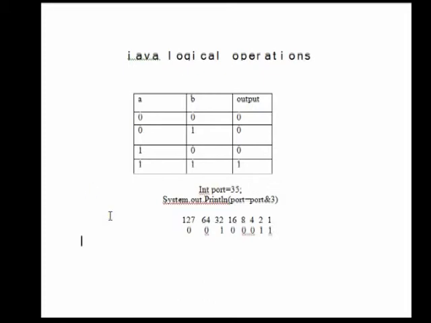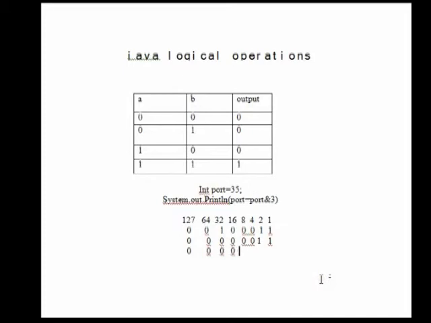Now go underneath it and write 3. So these would all be 0, 0, 0, 0, 0, 0, 1, 1, which is 3. Now you look at your logical table. 0 and 0 gives us an output of 0, so you write 0. 0 and 0 again gives us 0. 1 and 0 gives us 0 again.